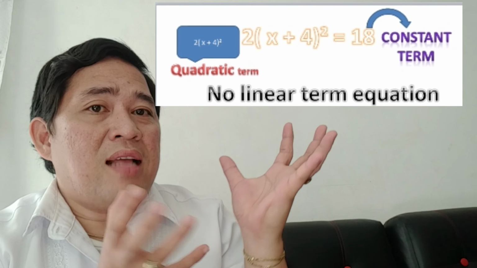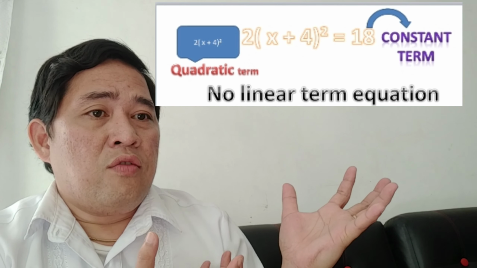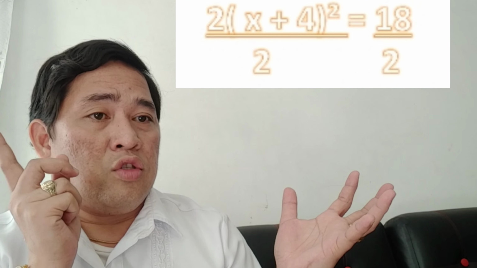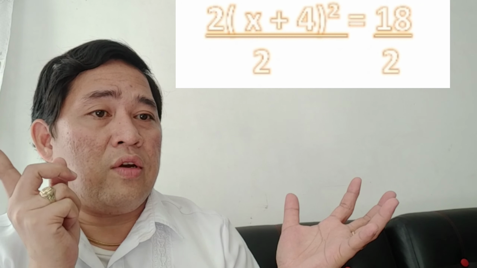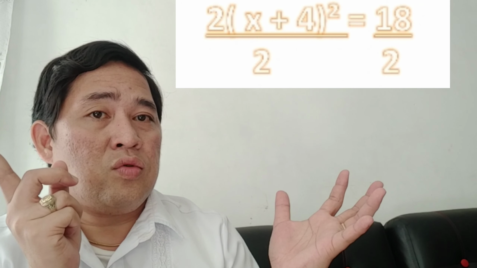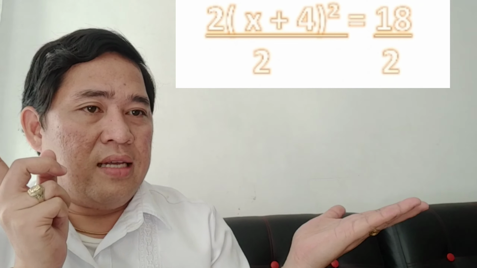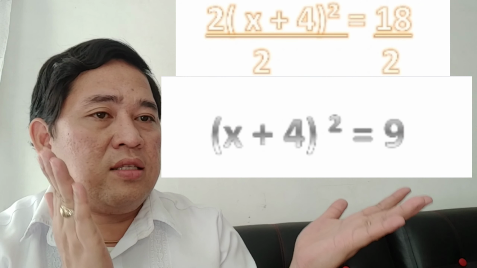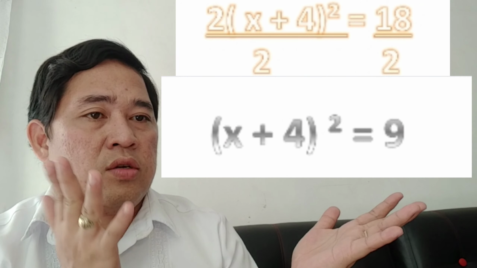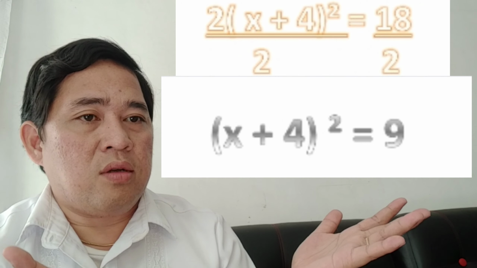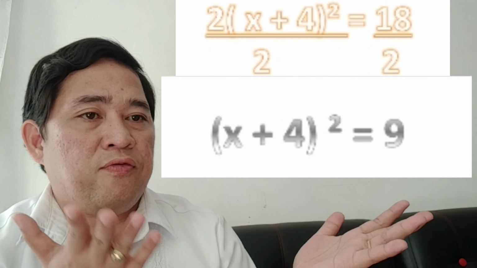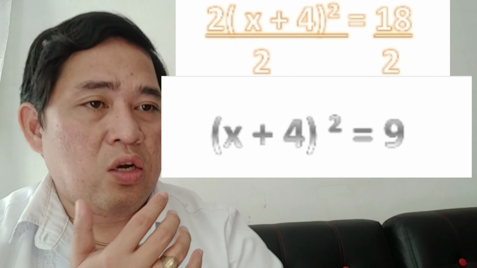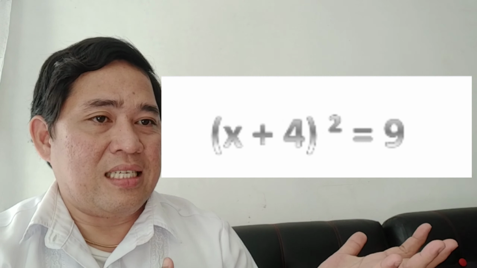Okay? So let's solve this one. For you to solve this, first you have to eradicate 2. When you eradicate 2, you have to divide both sides by 2. The result is x plus 4 to the power of 2 equals 9.